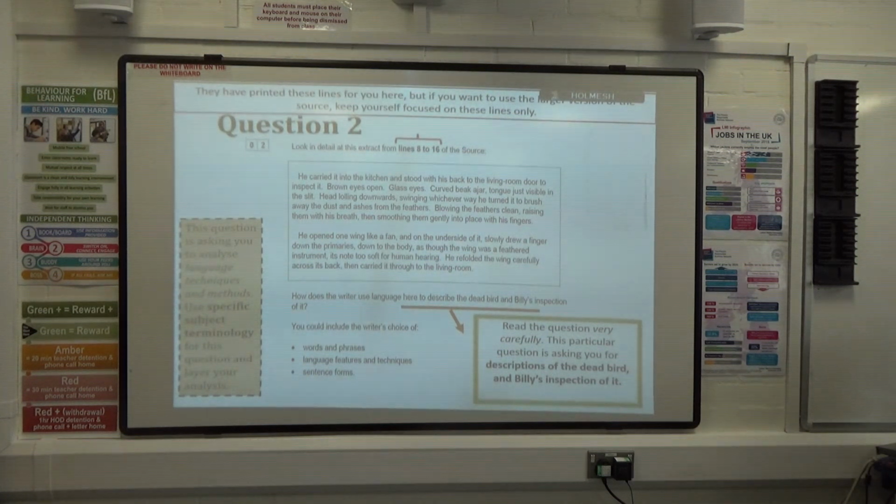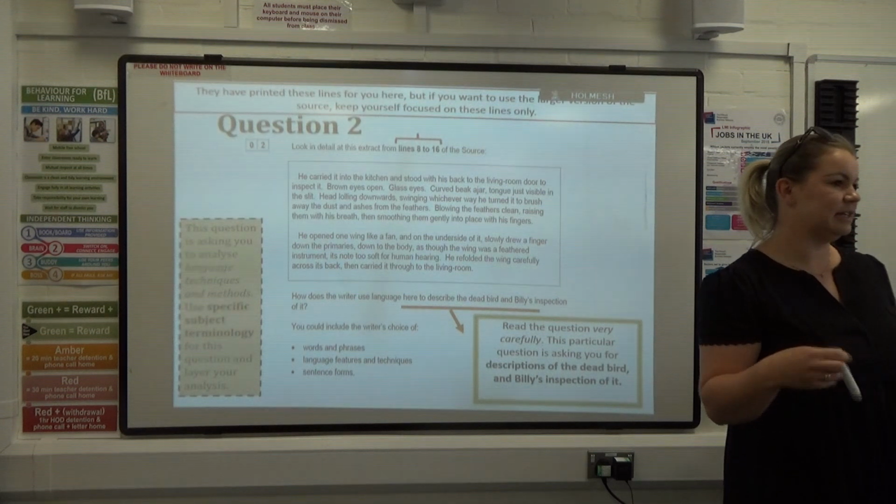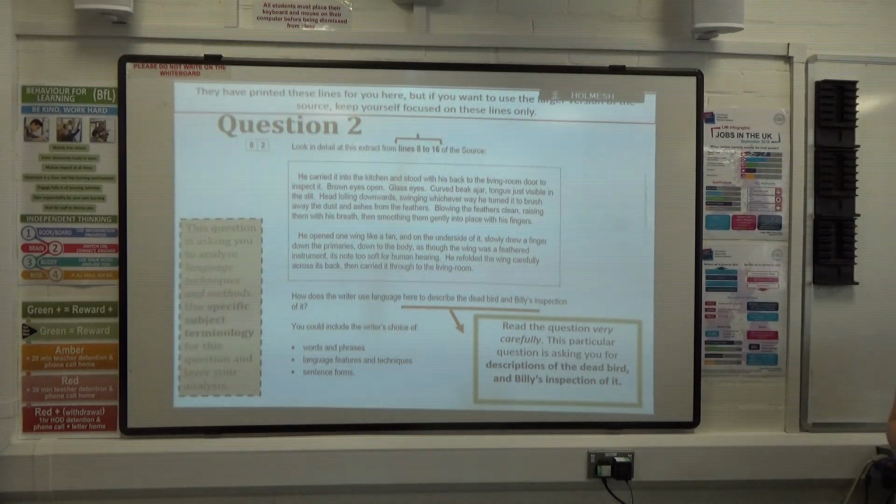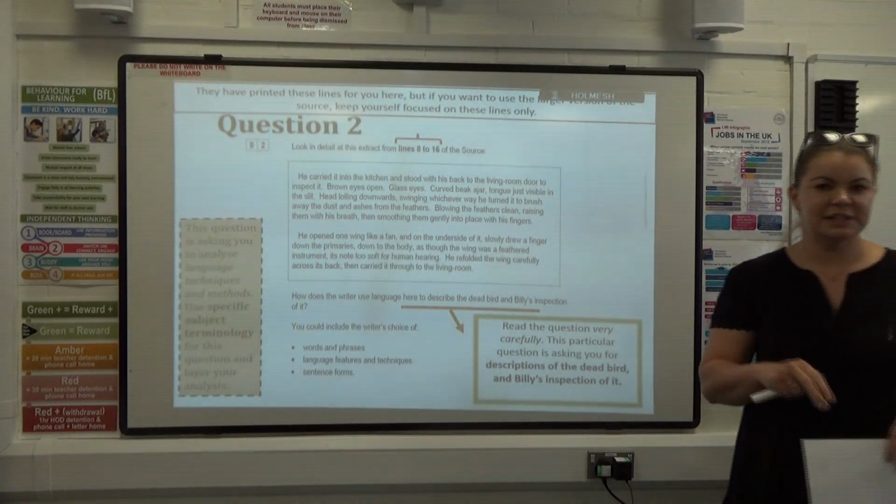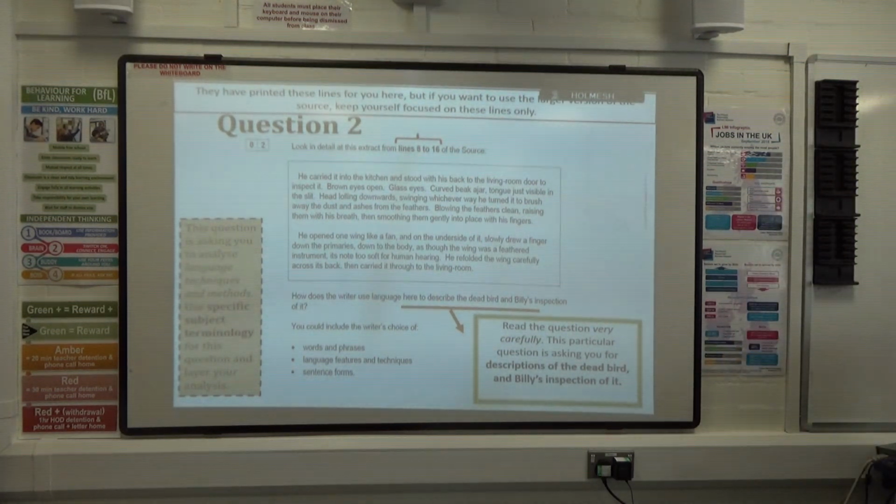This one is more than likely that you won't have seen it before, so it's really using your skills at understanding a text, what's happening in a text, and what the writer's doing, okay? But you're using the same skills for every source that they give you, okay?